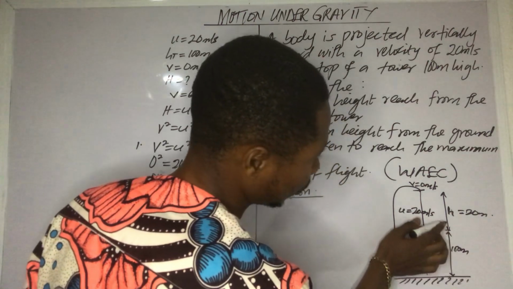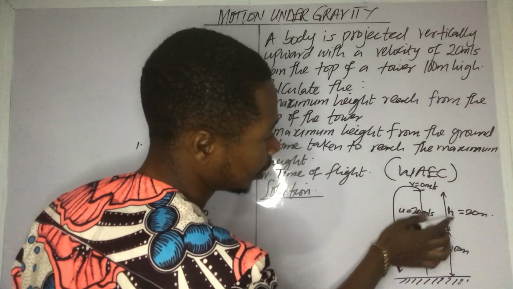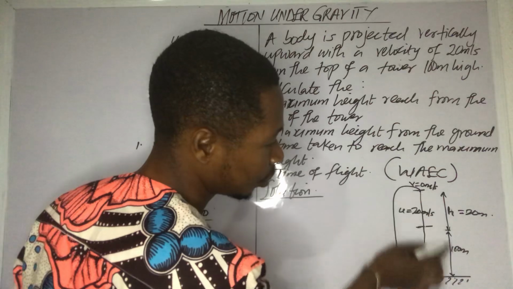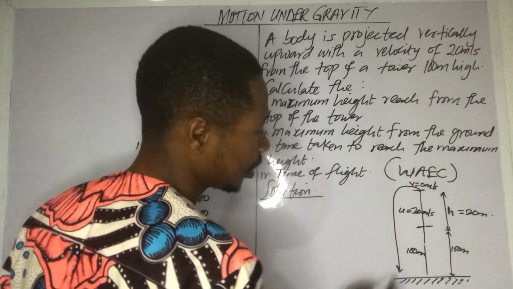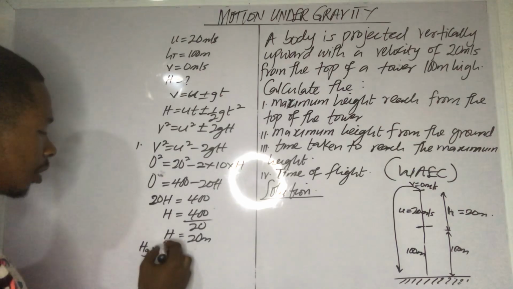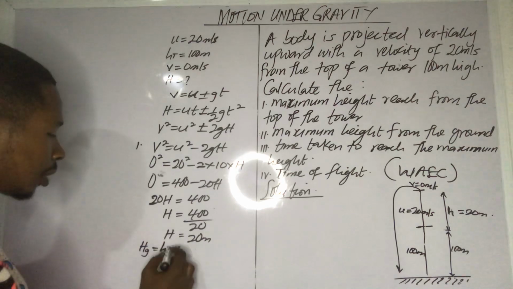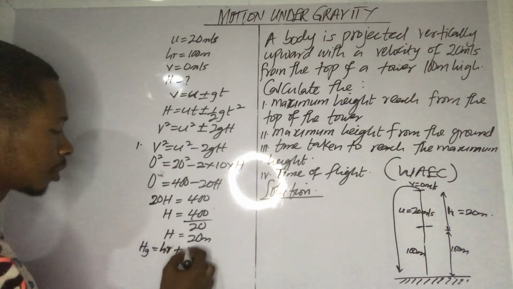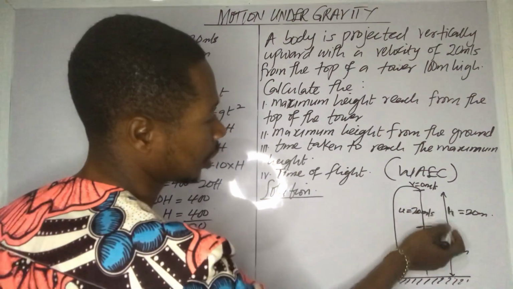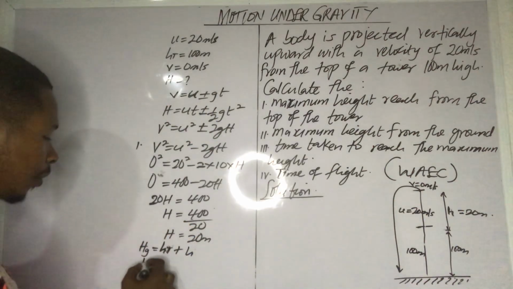The maximum height from the top of the tower to this place is 20. So from the ground level will be everything from here to this place. So that will be the height of the tower, ht, plus h, this ordinary h that we got here. If I add them together, I will have the height from the ground level.